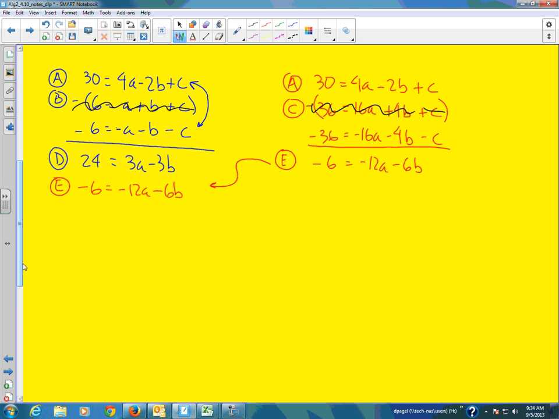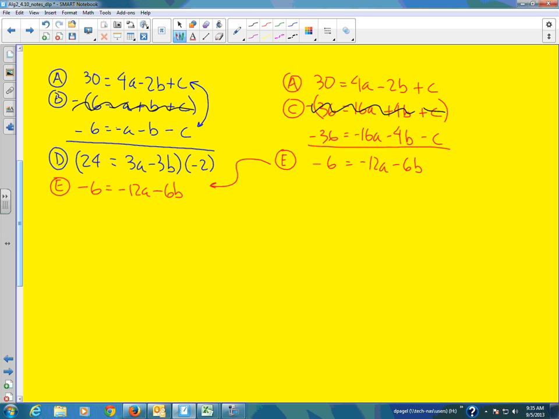Looking at D and E, right now I can't eliminate A or B without changing one of the equations. I'm going to take equation D and multiply it by negative 2, so that I cancel the b's.